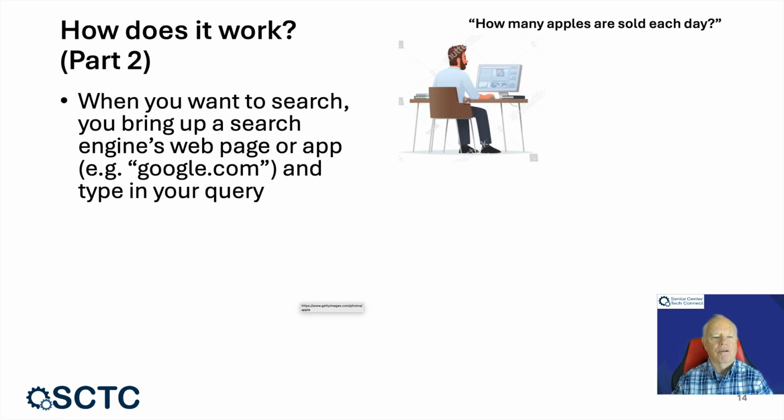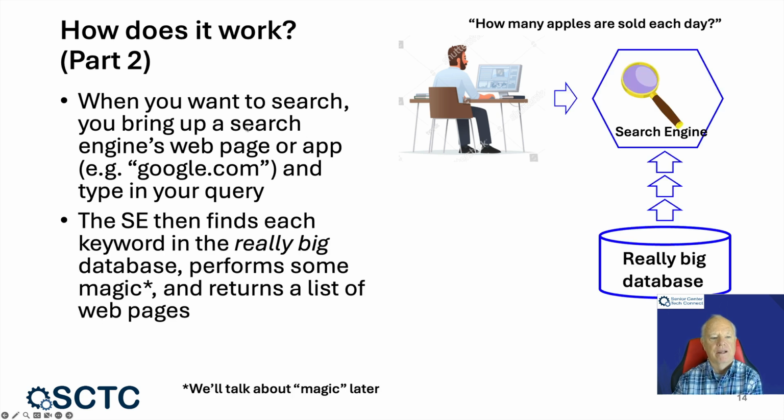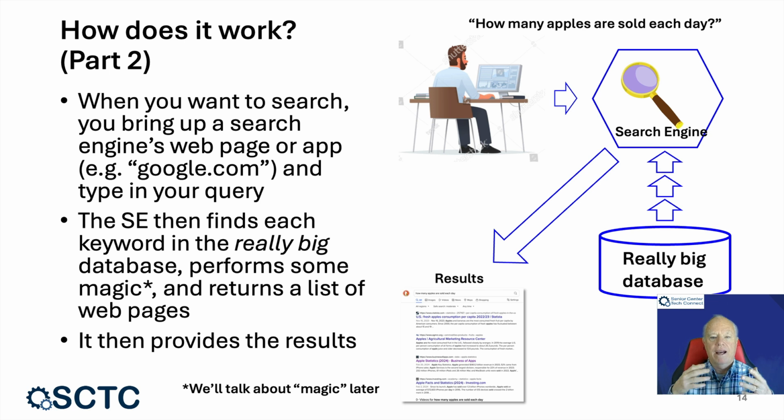So let's look at how it works when you enter a query for a search. For example, how many apples are sold each day? I type this into my search engine. The search engine runs out to this really big database. It looks at every word in here, and then it aggregates those records to produce a result that contains all of the words that you entered into that search engine.